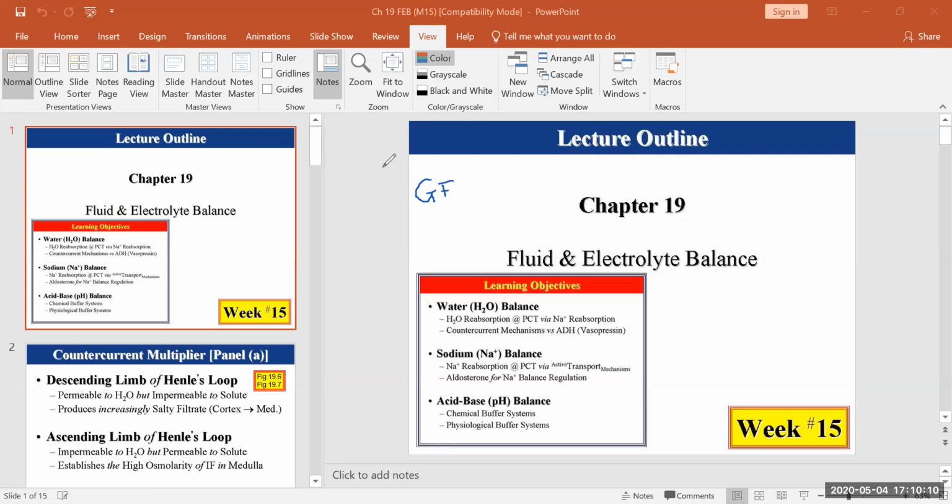And this glomerular filtration is a passive transport mechanism. It is driven by pressure gradient and is non-selective. So anything that's smaller than the glomerular pore will leave the capillary bed and go into the Bowman's capsular space.